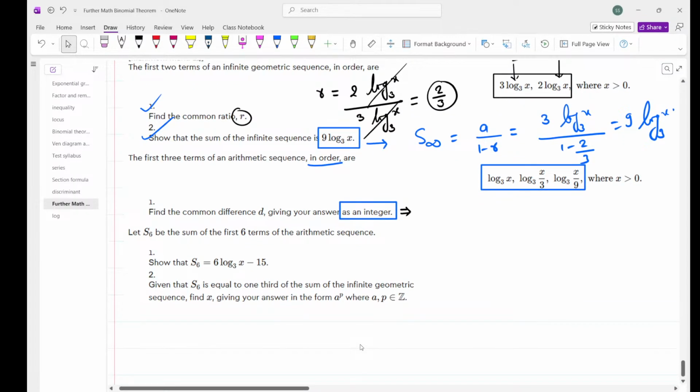Given that S6 is equal to one third of the sum of the infinite geometric series. So 6 log 3x minus 15, right? One third. So 2 log 3x minus 5 is equal to 9 log 3x.